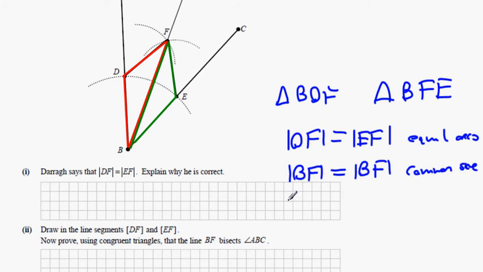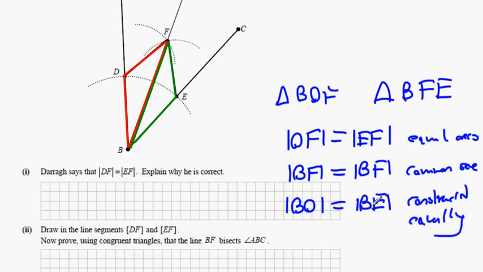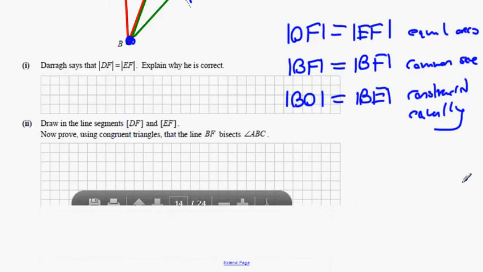And finally we can say that BD equals BE because they're constructed equally. In the construction, this arc here from B into E and B into D, they're all constructed equally. Therefore we have SSS, triangles are congruent.